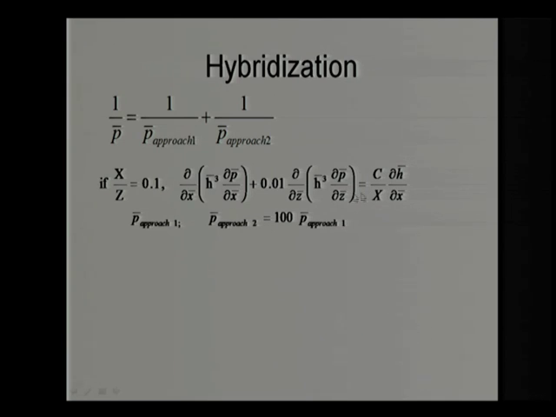So, if I calculate by neglecting the first term, I will find the pressure profile by approach 2, which is equal to 100 times the non-dimensional pressure obtained by approach 1.